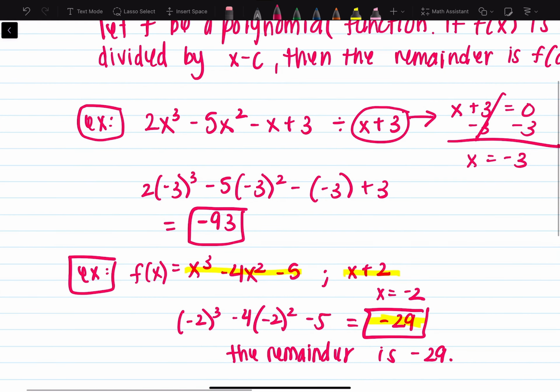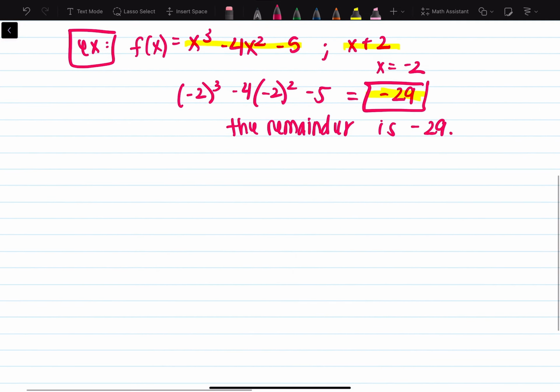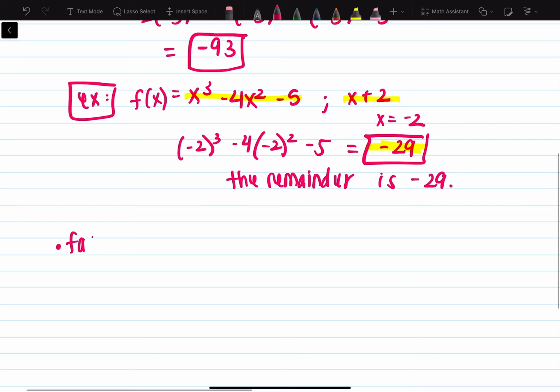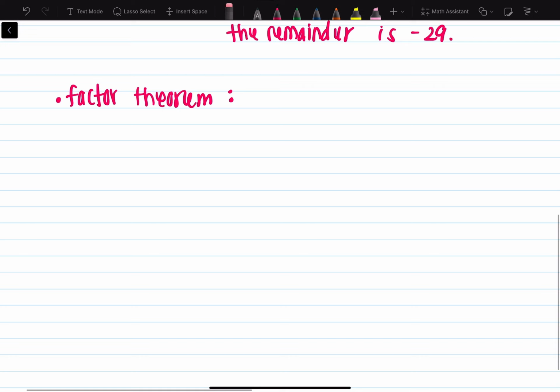Okay, so this is now going to go ahead and lead us into the factor theorem. The factor theorem tells us this. Okay, let f be a polynomial function. So we're still working with only polynomials here.